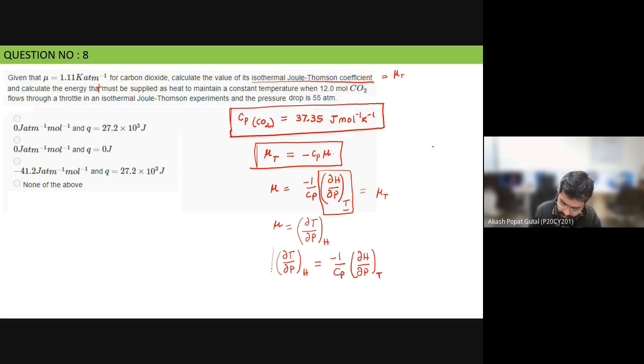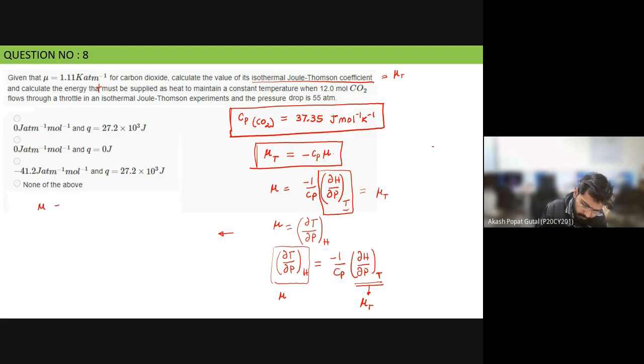What we have here is called the Joule-Thomson coefficient, which is denoted as mu. This is called the isothermal Joule-Thomson coefficient, mu T. Fine.